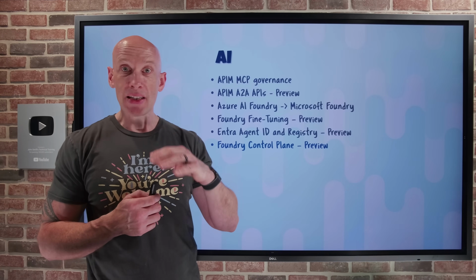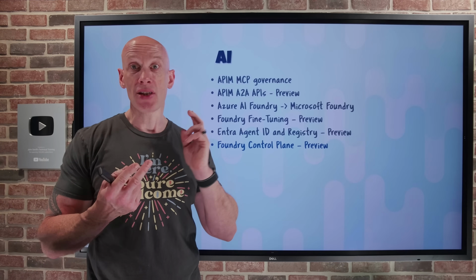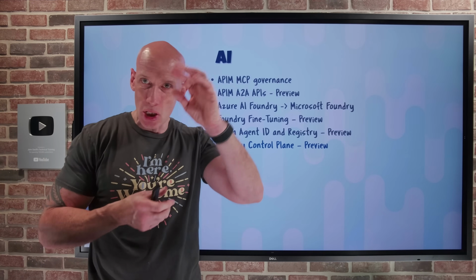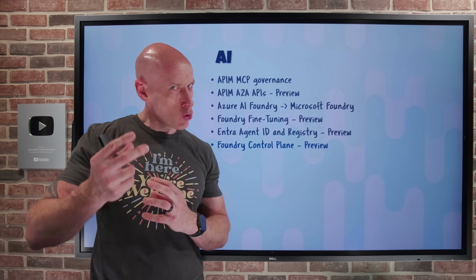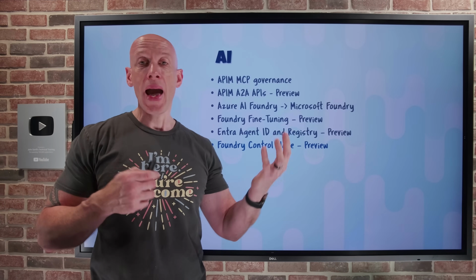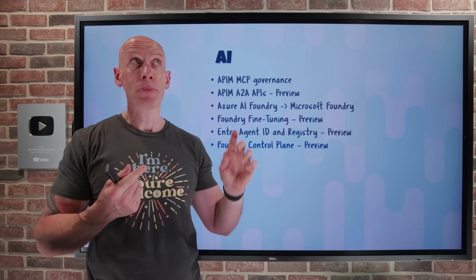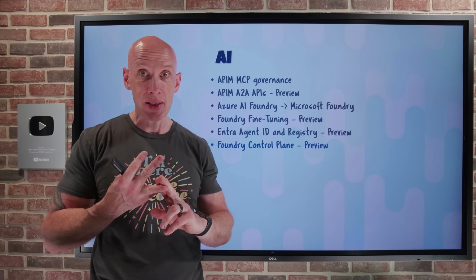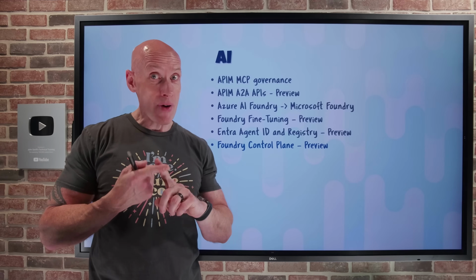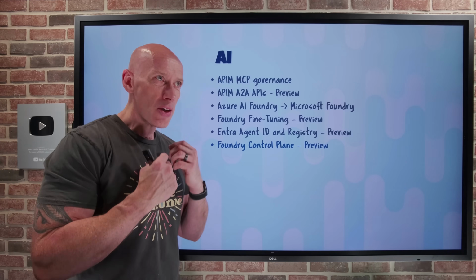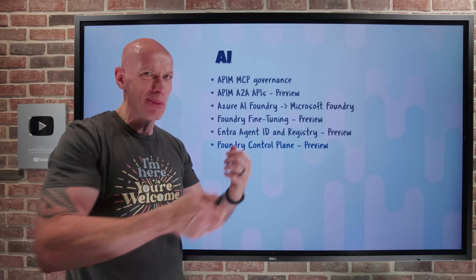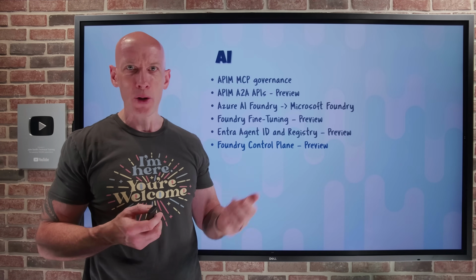So I can now run these evaluations ad hoc. I can run them continuously on production. I can schedule them to try and detect, hey, there's some drift in the behavior of my AI app that's using these generative models. It also includes groundedness detection, task adherence, tool accuracy. It also has an AI red teaming agent, which will try and use adversarial interactions to make my AI app do something it's not supposed to.